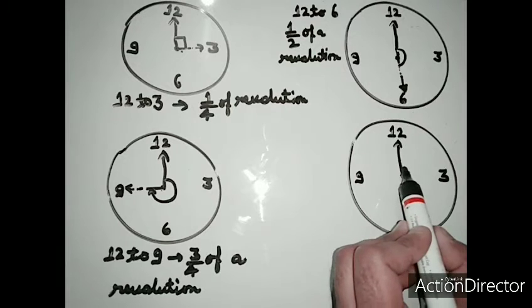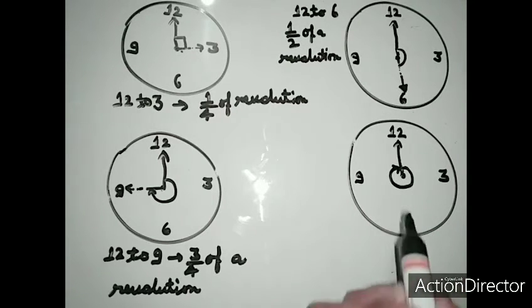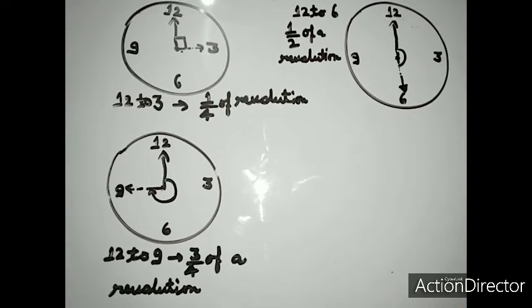Now when it moves from 12 to 12 again, it moves a total of 360 degrees. So these are some examples related to the clock, and we also see all these angles when we watch time, right?